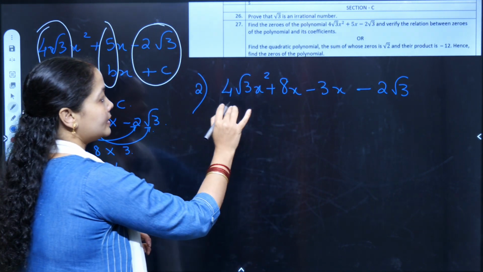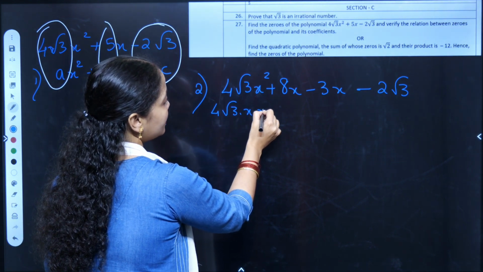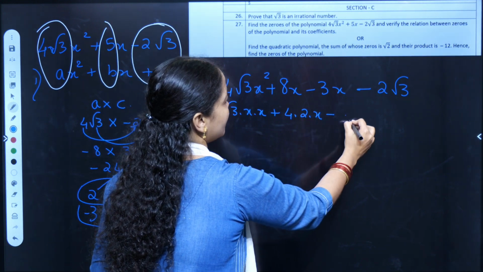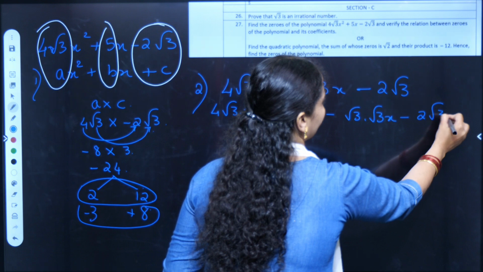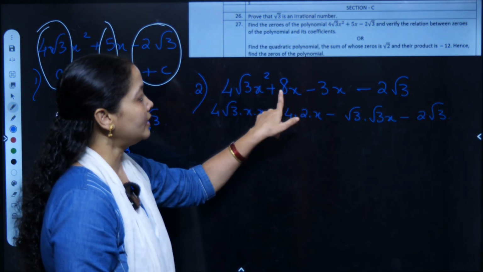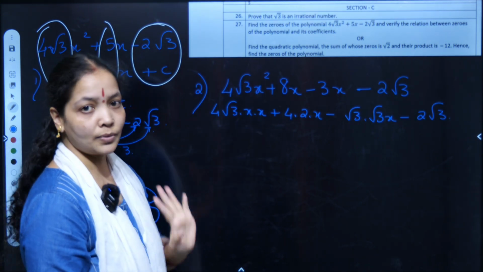Now when I split this, I can write this as 4 root 3 into x into x, plus 4 into 2 into x, minus root 3 into root 3 into x, minus 2 root 3. What have I done? I have split 3 as root 3 into root 3, 8 as 4 2s are, and 4 root 3 x square as x into x.